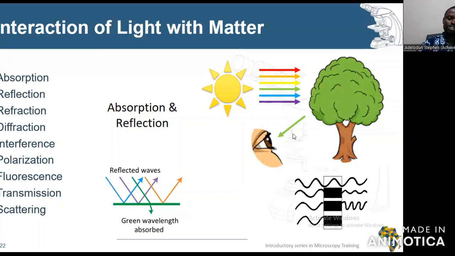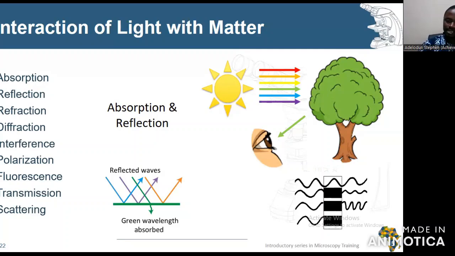Then the picture that we see at the bottom left of the screen also shows that the green ray is being absorbed, while we have the blue, the purple, and the orange being reflected. On the other hand, the picture at the bottom right helps to sum up all these interactions of light with any matter.